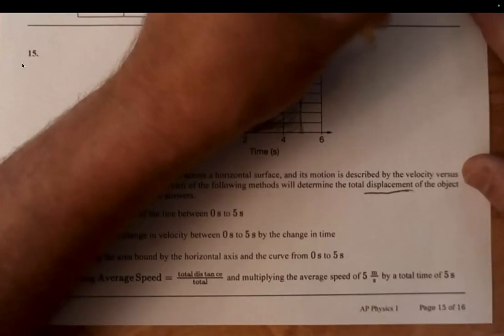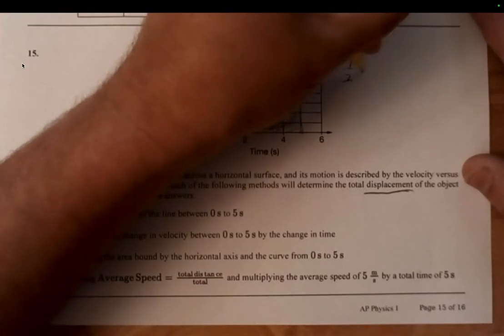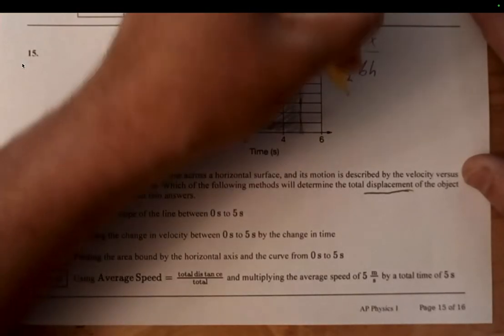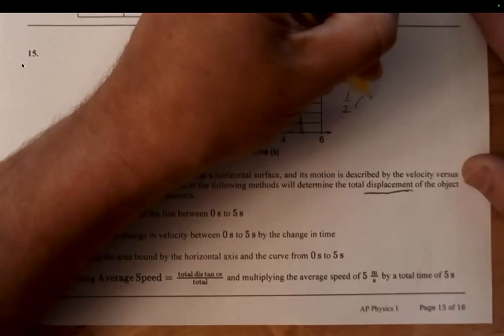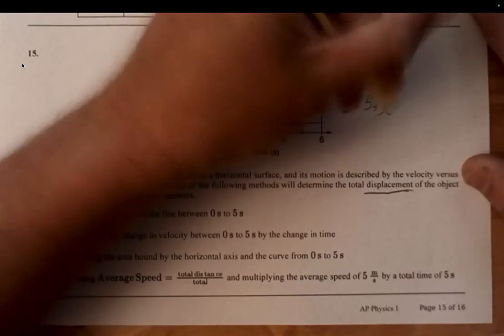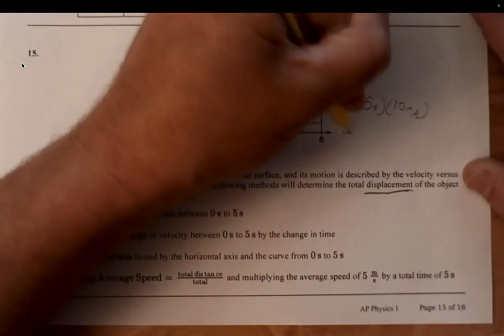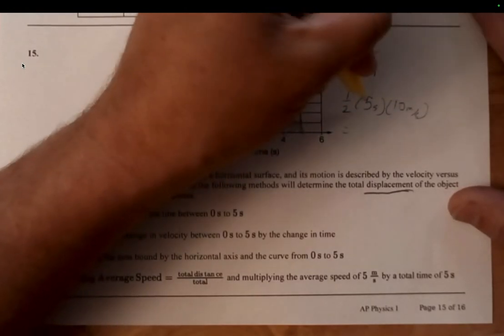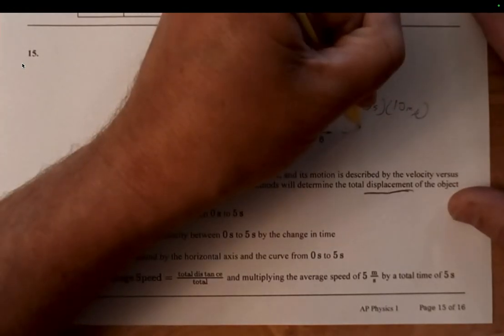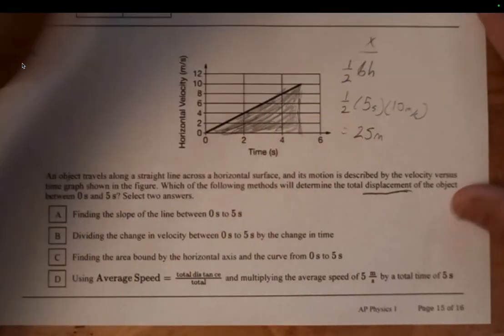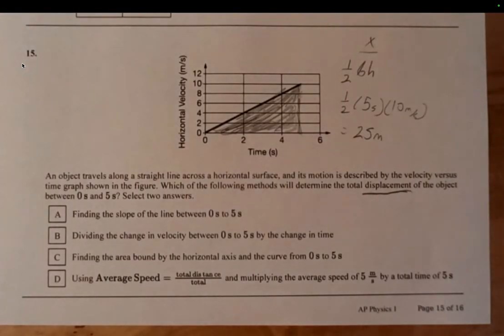So I could get this displacement by doing 1/2 base times height, where the area then would be 1/2 times 5 seconds times 10 meters per second, which would be 1/2 of 5 times 10. So 5 times 5, which would be 25 meters. And I got that by getting the area.